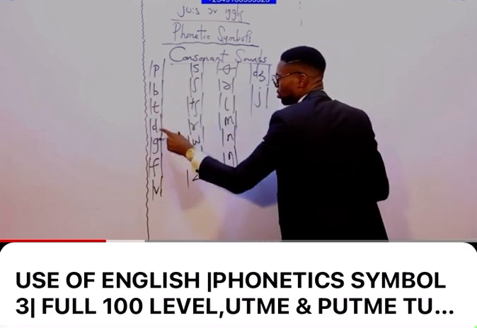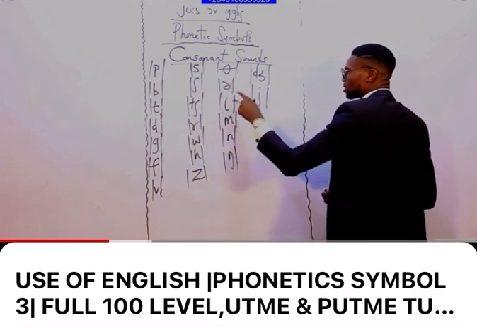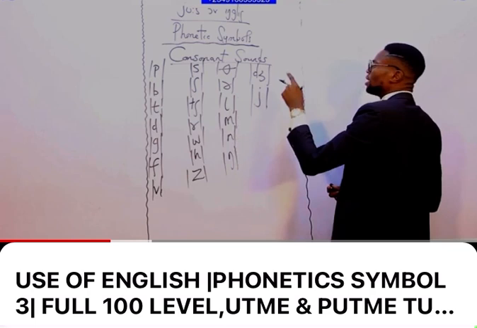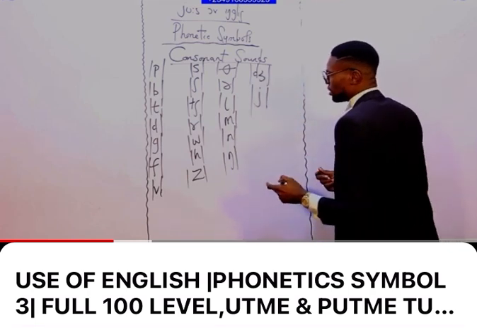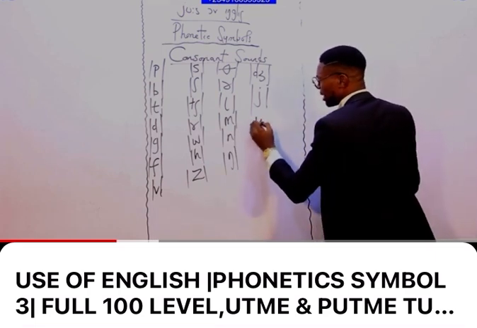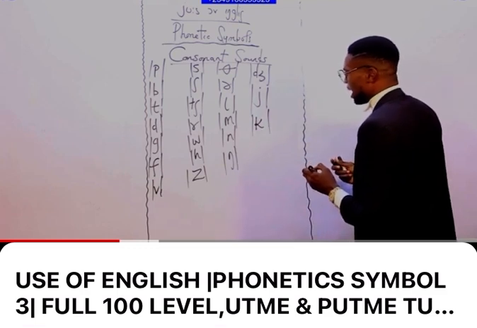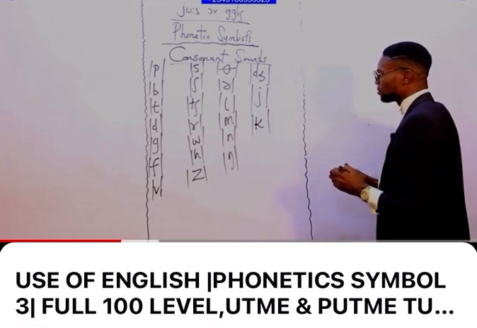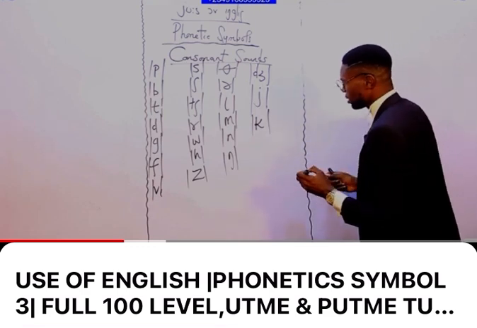One, 2, 3, 4, 5, 6, 7, 8, 9, 10, 11, 12, 13, 14, 15, 16, 17, 18, 19, 20, 21, 22. I'm left with two of these sounds to place here. I think I've not taken this sound. It's not there yet. And I've not also taken one sound, which I'm trying to quickly look at.